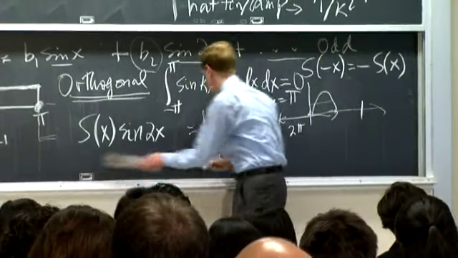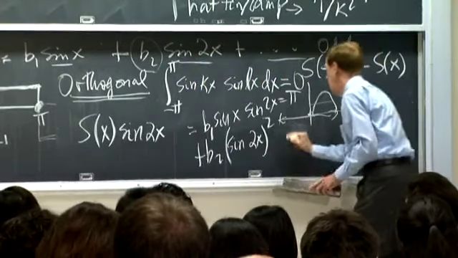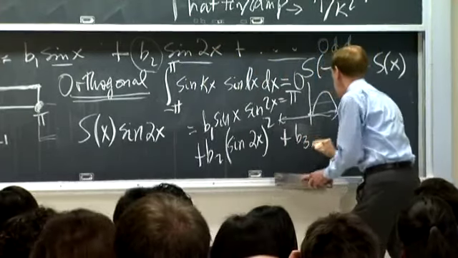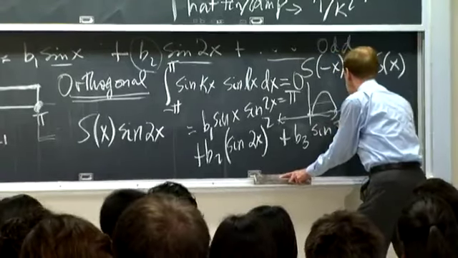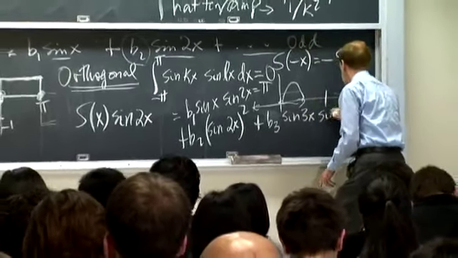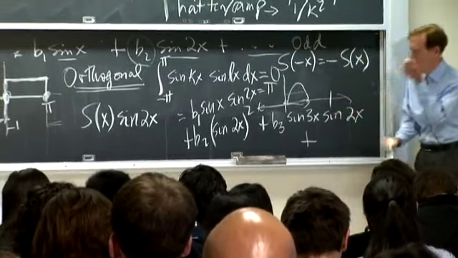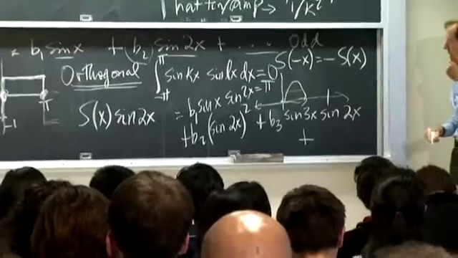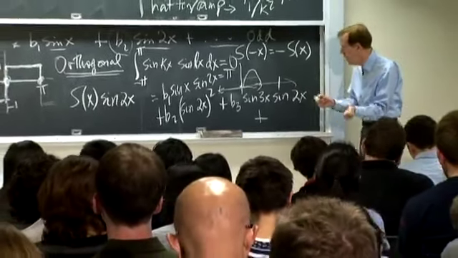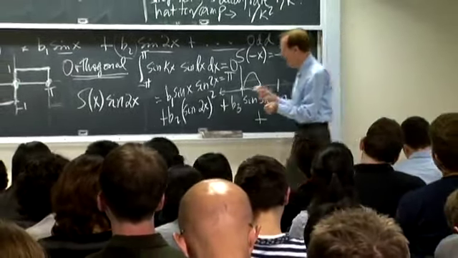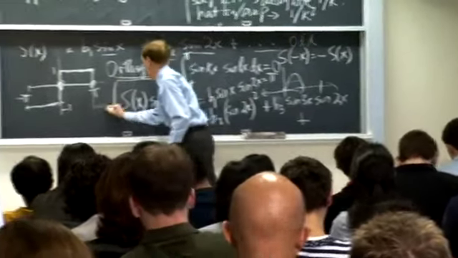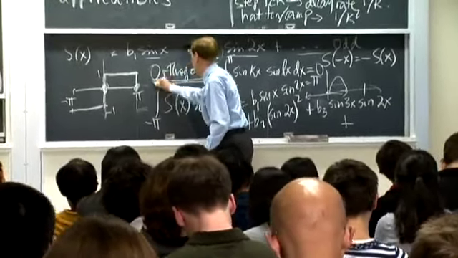And then comes the B3 term, B3 sine 3x sine 2x. Does everybody see what I'm doing? It's as we did with the weak form in differential equations. I'm multiplying through by these, and then I'm integrating over the interval.